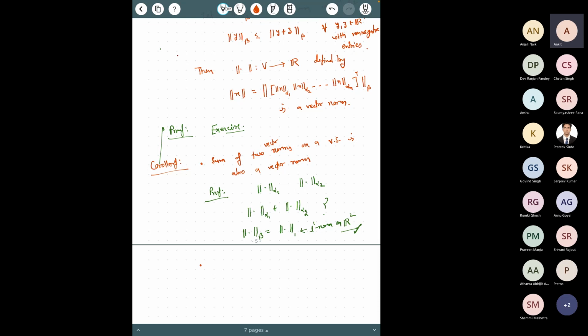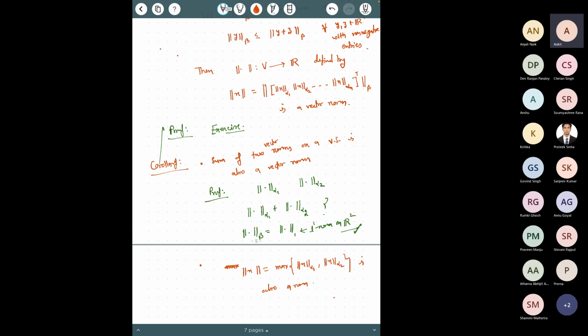Suppose again we have these two norms, alpha 1 and alpha 2, then you can define a new function: the norm of x is the maximum of the alpha 1 norm of x and the alpha 2 norm of x. This is also a norm.